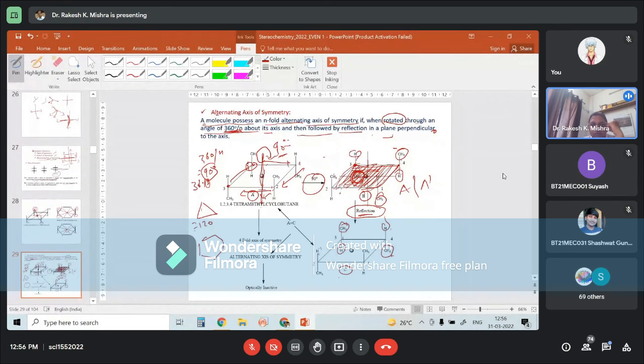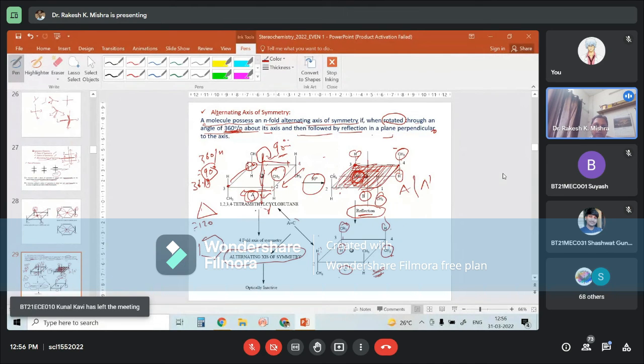Now you have to correlate between the initial and final. If you are getting the same, A equal to C, after these two operations, then the compound has an alternating axis of symmetry, right? So after this rotation and reflection, if you are getting the same compound as the original, this is the original and this is after the two operations.